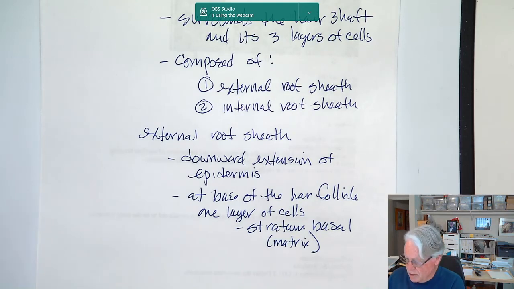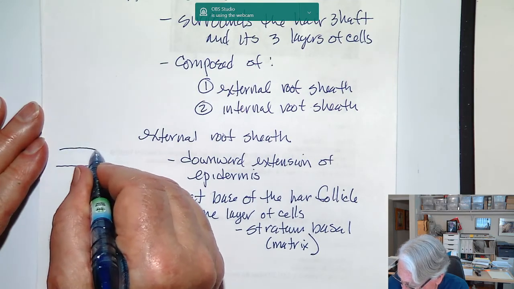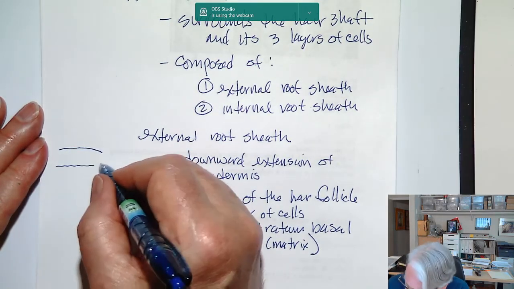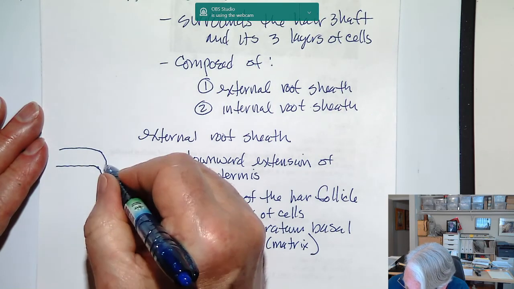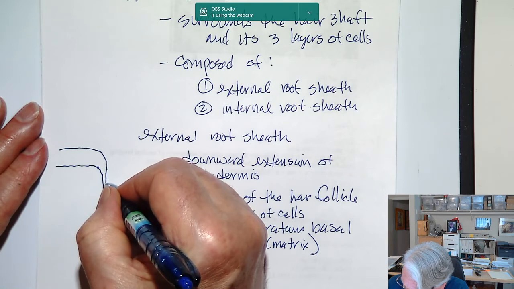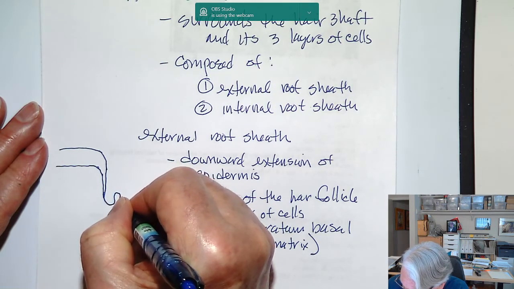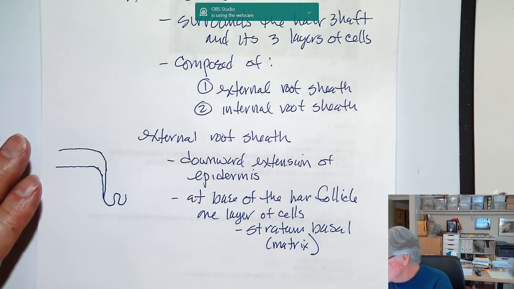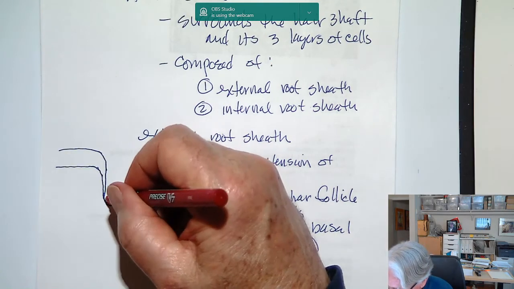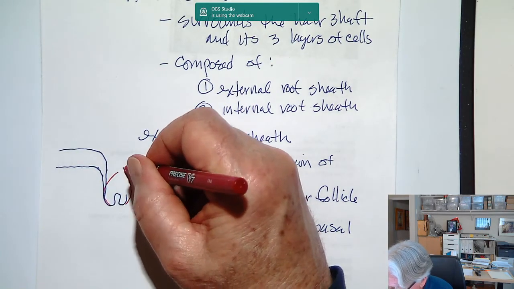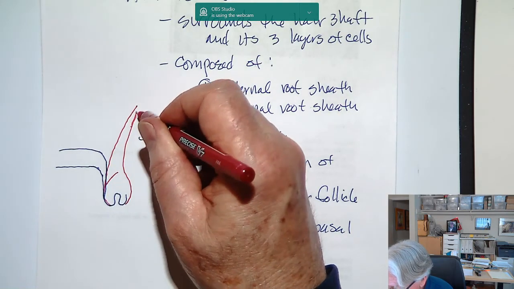So I'm going to try to do justice to this. So if this is the epidermis, and as we dive down, that epidermis is going to dive down with the hair shaft, but it's going to get smaller and smaller until finally it's just a single layer of cells. And so what you see here, there we go.